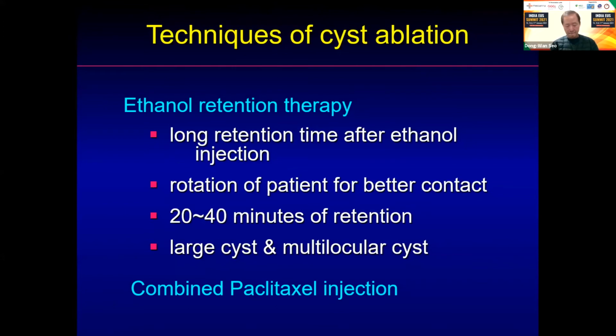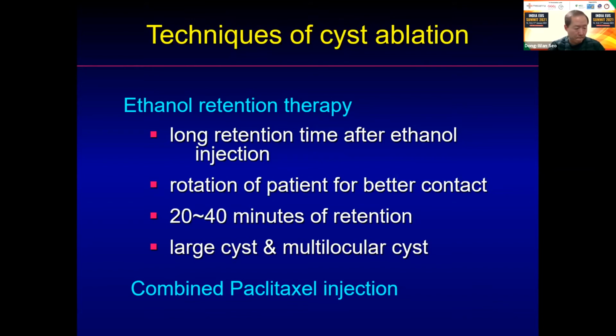When the cystic fluid amount is large, we use ethanol retention therapy instead of ethanol lavage. Ethanol retention therapy can give longer retention time after ethanol injection. We rotate the patient: supine 5 minutes, left lateral decubitus 5 minutes, prone 5 minutes, and right lateral decubitus 5 minutes after ethanol injection.